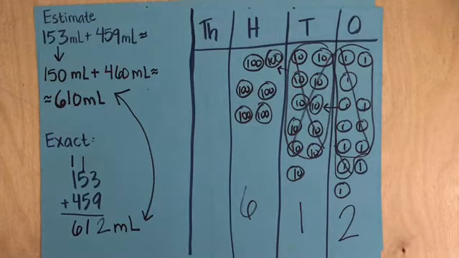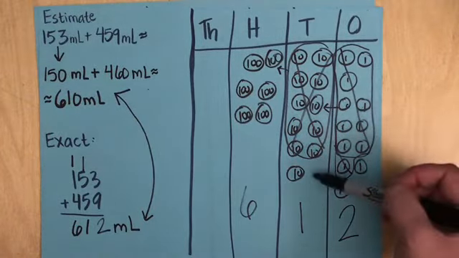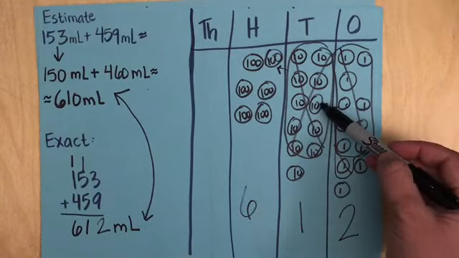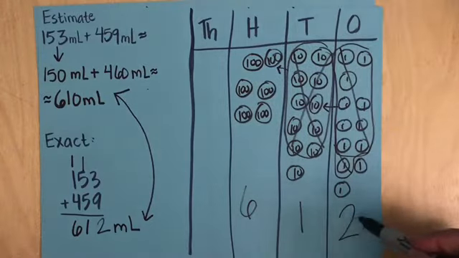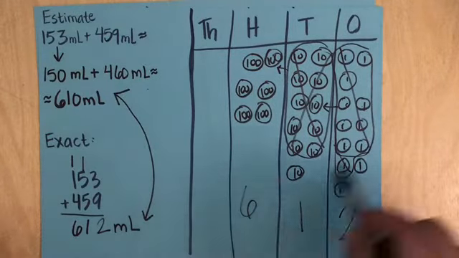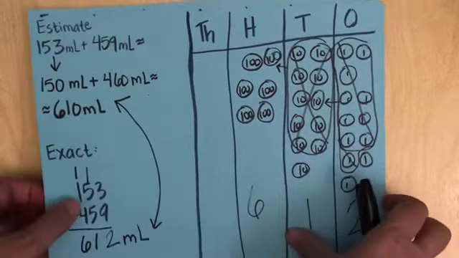So 612. I had to bundle these 10 together to make a new 10. And when I made my new 10, then I could bundle those 10 together and make a new 100. Then I got 612, 612. Everything matches. We're reasonable. 2 thumbs up. All right.